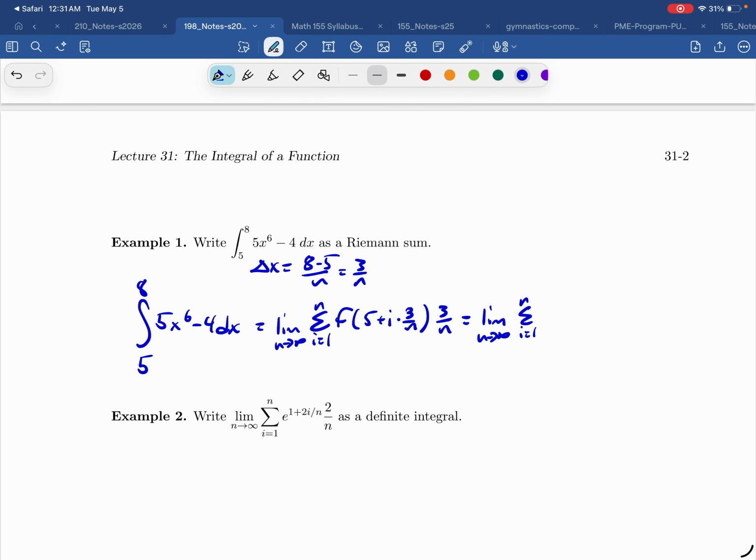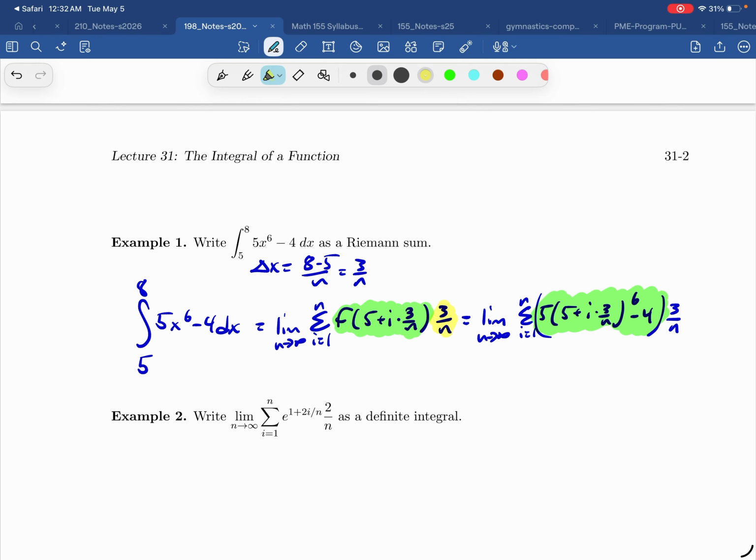But instead of writing f of, we're actually going to plug this in. So we're going to get 5 times all this junk to the 6th minus 4. And then all of that is going to be times 3 over n, right? Do you see where we got this from? This right here became this right here.